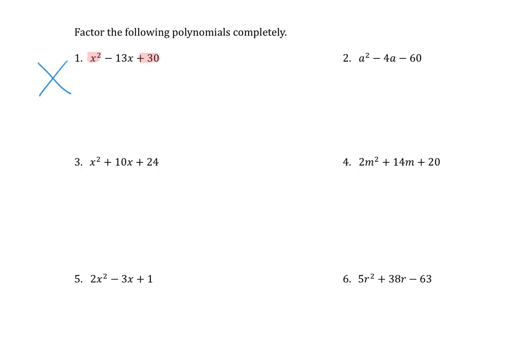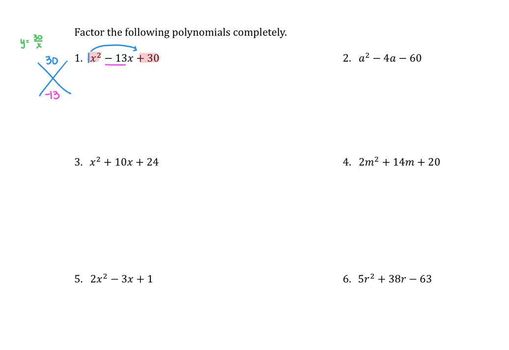So I'm going to multiply a times c, just like we've been doing. That gives me 30, adds to give me that middle term of -13. Remember, I'm going to go to my calculator, type in y equals 30 divided by x. I'm looking for my two factors that would add to give me -13.